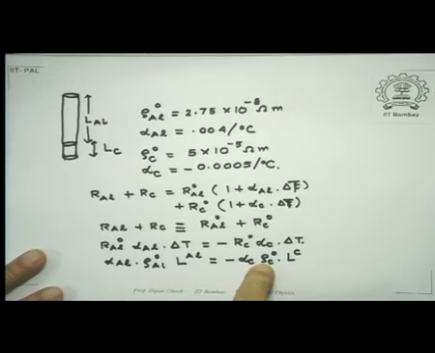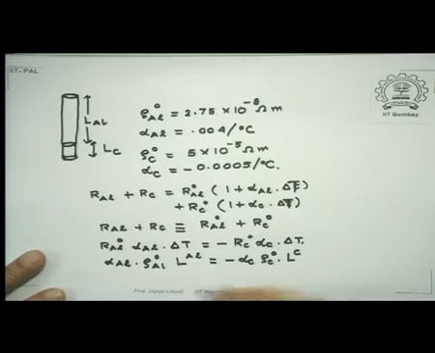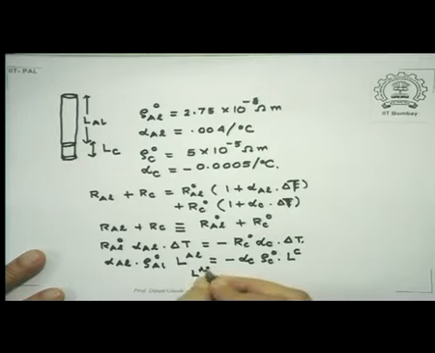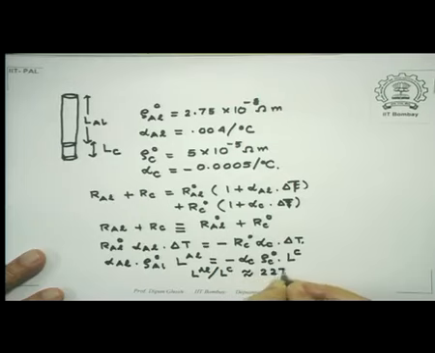The corresponding data are given that enables you to find out the ratio of L aluminum to L carbon, and that works out to L aluminum divided by L carbon is approximately 227.